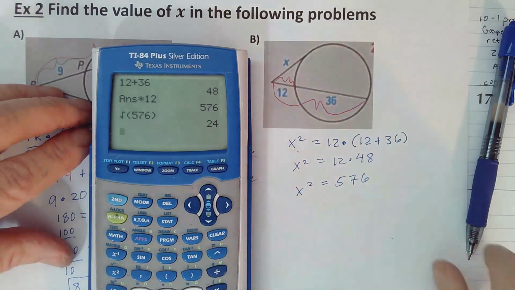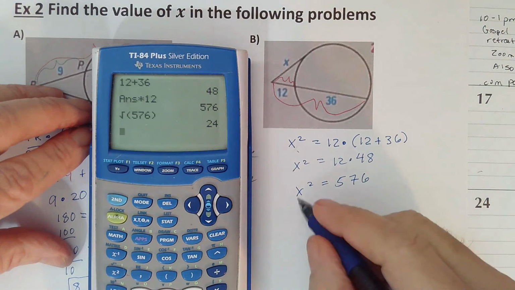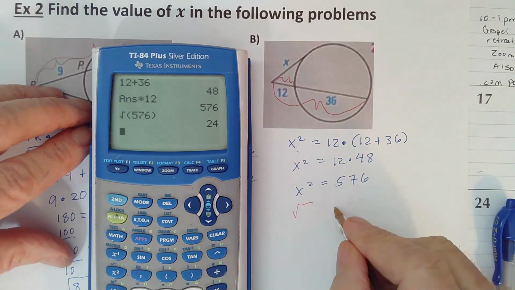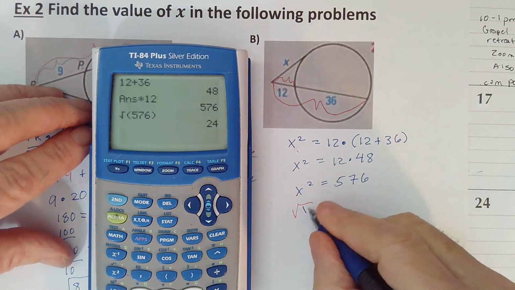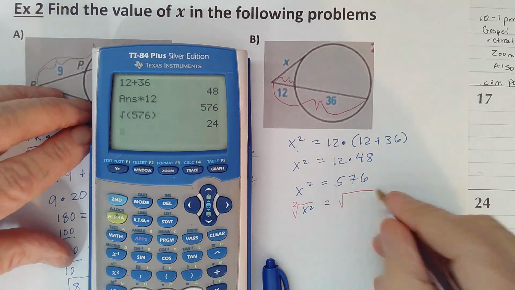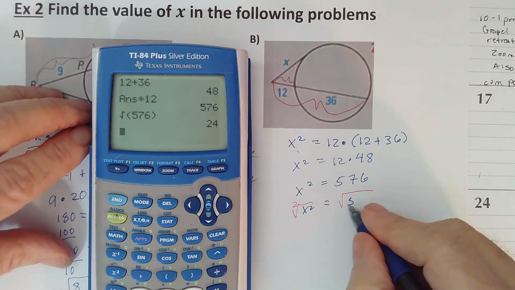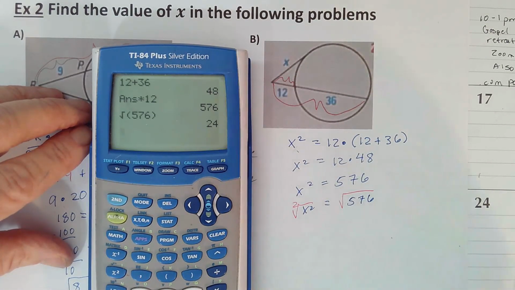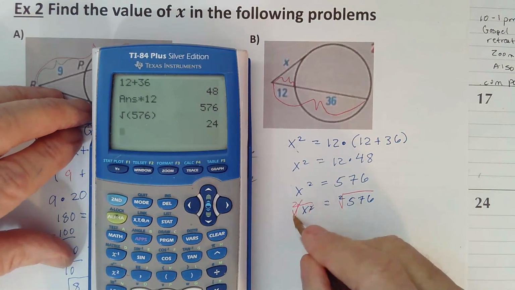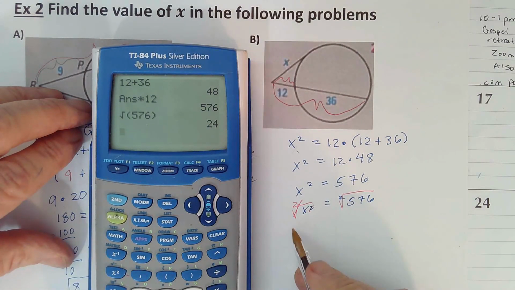Okay, I get 24. So the square root of x squared equals the square root of 576. And anything squared cancels out the square root of it.